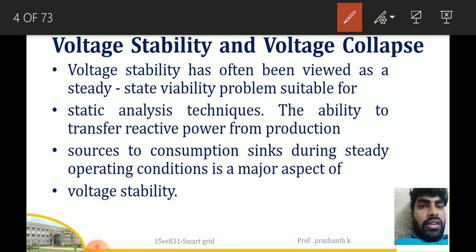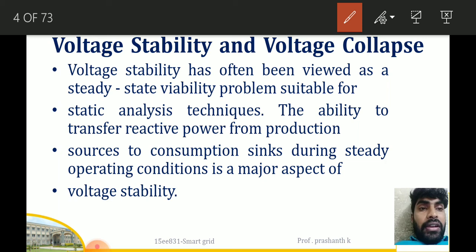Voltage stability and voltage collapse. Voltage stability has often been viewed as a steady state viability problem suitable for static analysis techniques. Static analysis techniques are constant analysis techniques. It's continuous also, but it must be maintained at a constant level. So, the ability to transfer reactive power from the production. See, reactive power we cannot use, right? Reactive power can be converted into active power, right?